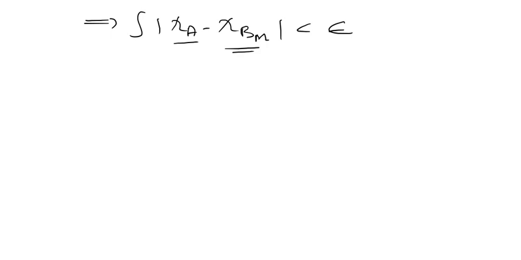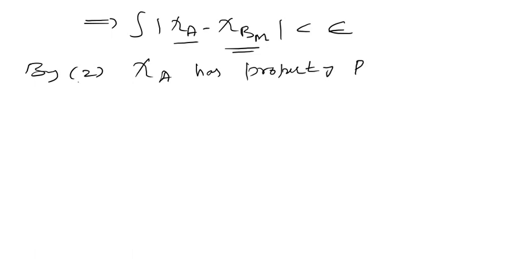So by property 2, by the second condition, chi A has property P. So first what was given to you was that chi of A has property P if A is a member of S. Now you have proved that if A is a sigma set, then chi A still has this property P.